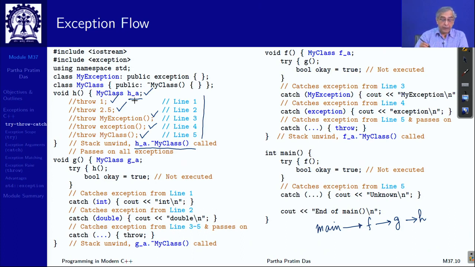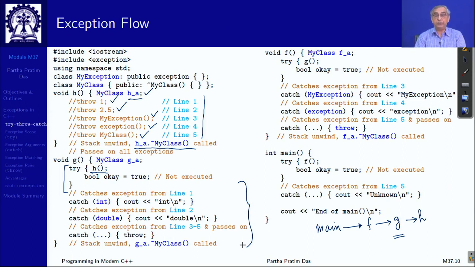If you look at the caller of H, because H was called from G, if H throws, it will go to G, that has put H in a try block, and it has put a number of catch clauses. Multiple catch clauses can be put.